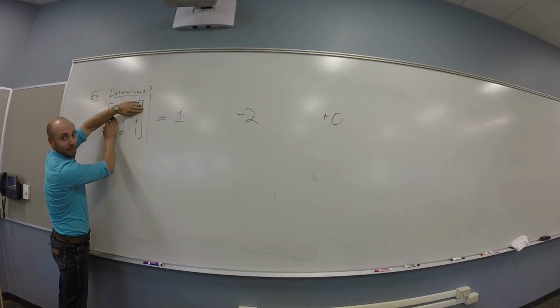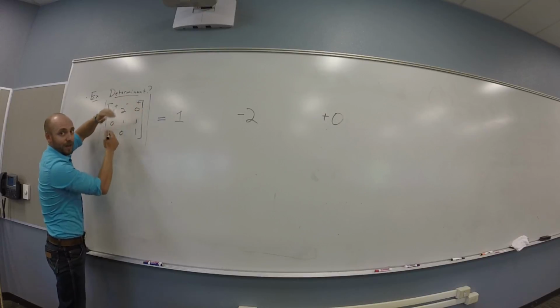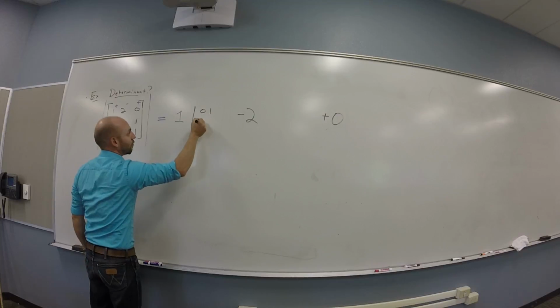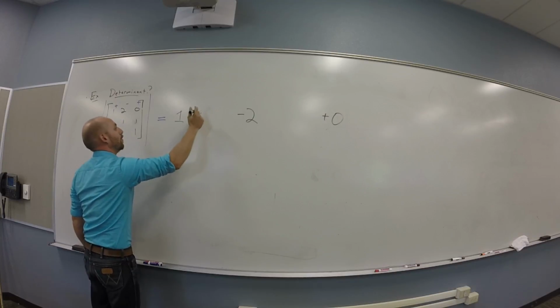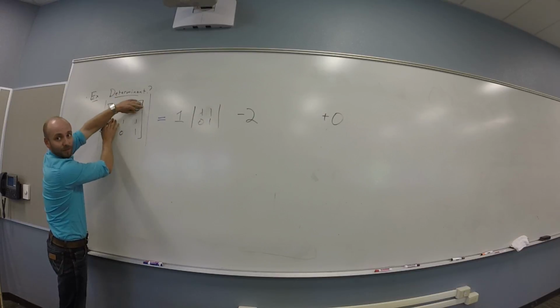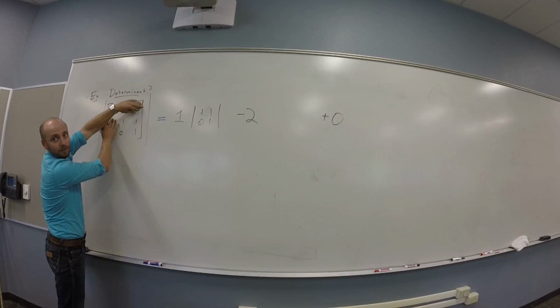And then I'm going to write that little matrix down next to the 1 with absolute value bars. So I wrote down 1, 1, 0, 1 in that space.